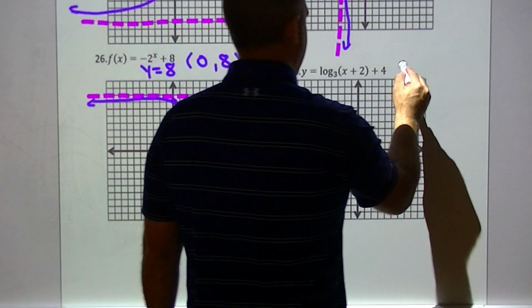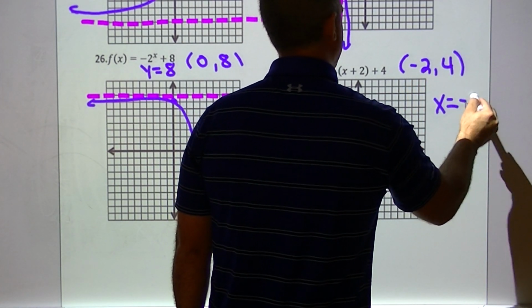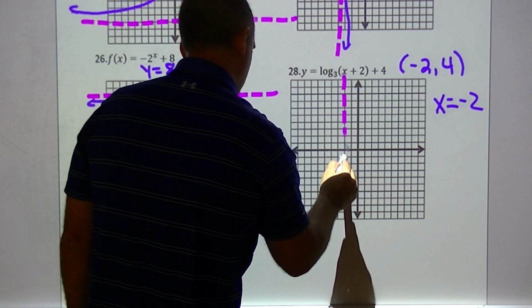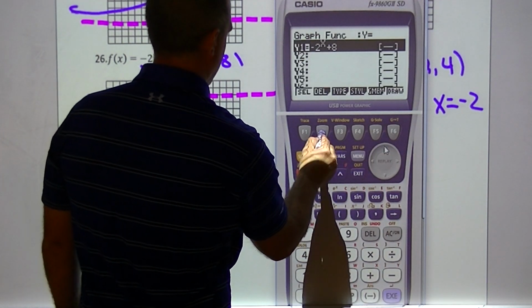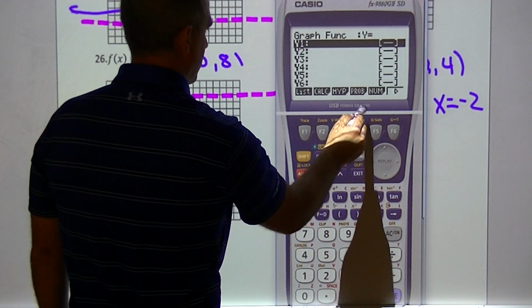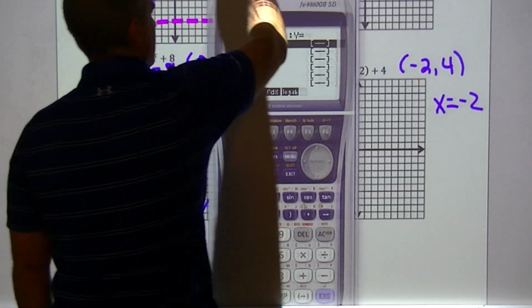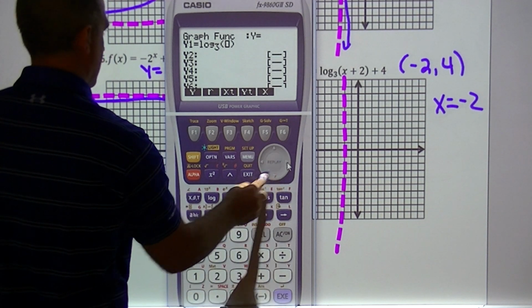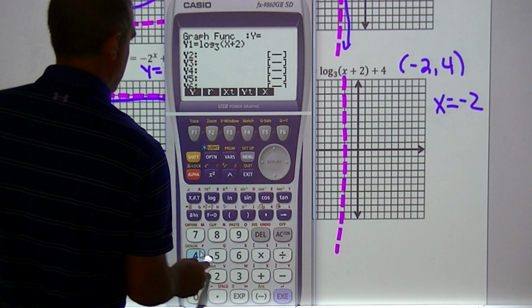Now this one here, my anchor point would be negative 2, 4. So my asymptote is going to be x equals negative 2. Once again, option, calc, log AB. 3, x plus 2, plus 4.